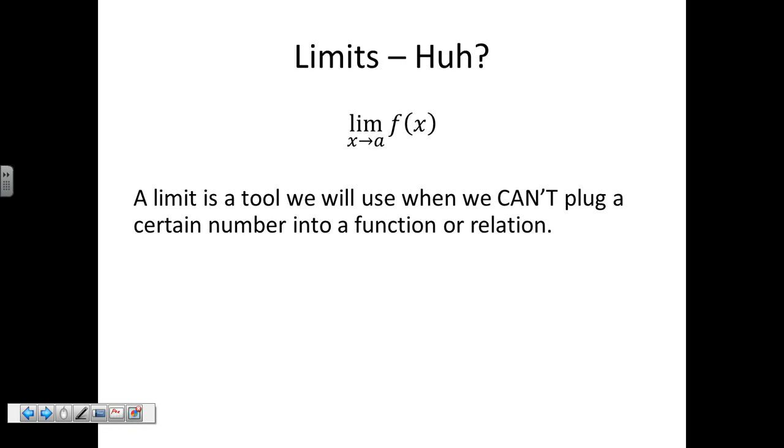Now, let's talk about what a limit is. We see here on the screen the notation for a limit, and this is read, the limit as x approaches a of f of x. And the limit is a tool that we use when we want to plug in a number that we probably really shouldn't be plugging in, or a number that we can't plug into a function.